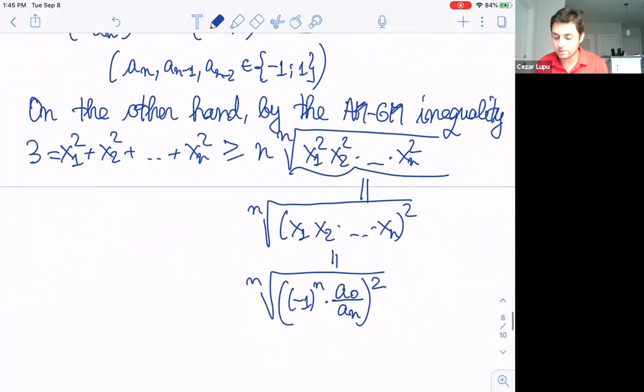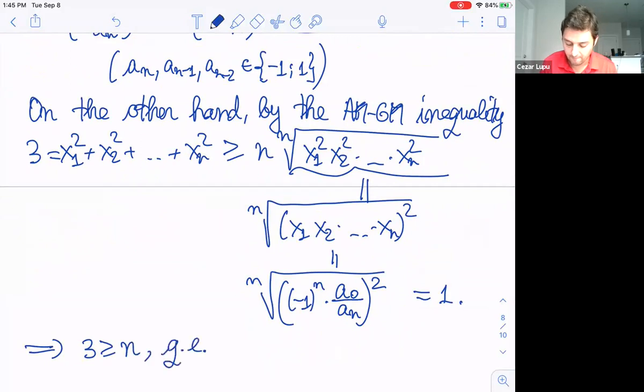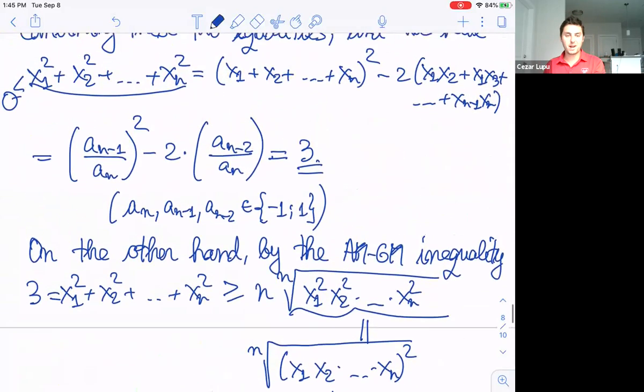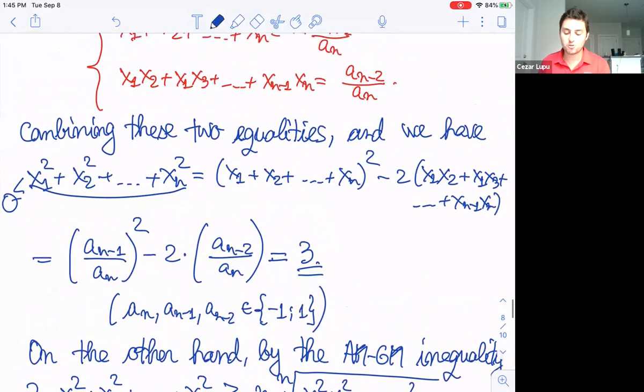So this guy will always be 1. So it follows that 3 is greater or equal than n, which is exactly what we wanted to prove. That's it. Is it clear for everybody, the problem? It is tricky, I agree.